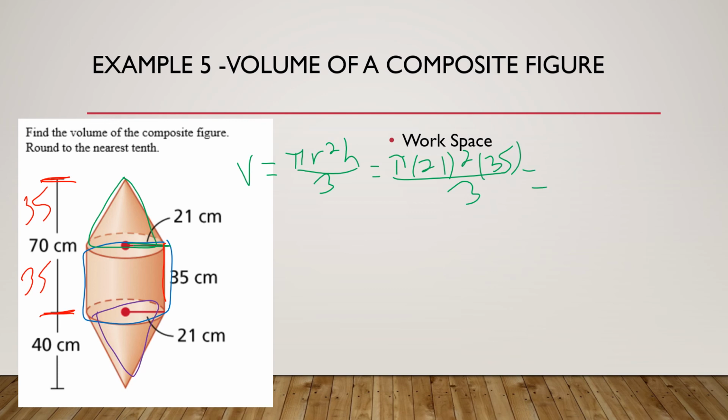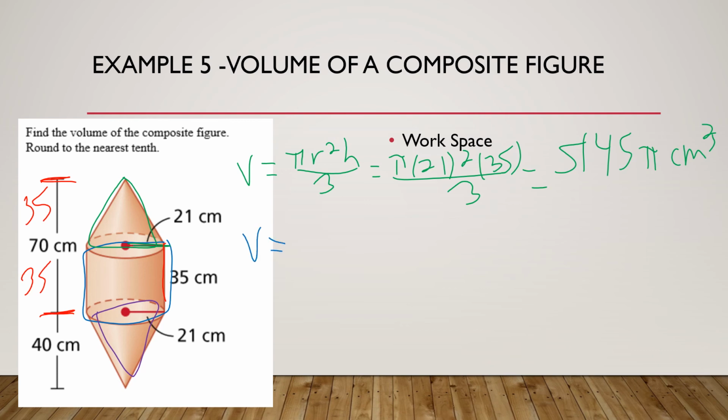So if we substitute in all of those values and do the math, we get 5,145 pi. And again, we're measuring in centimeters cubed for volume. So now we're going to look at the cylinder. When we look at the cylinder, that was from last week.